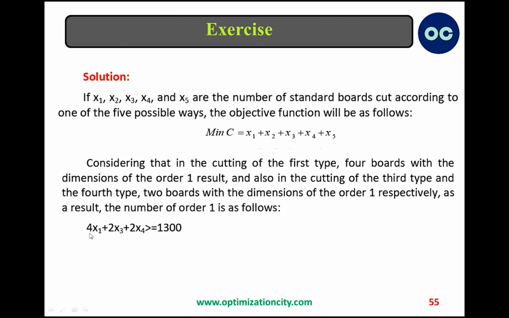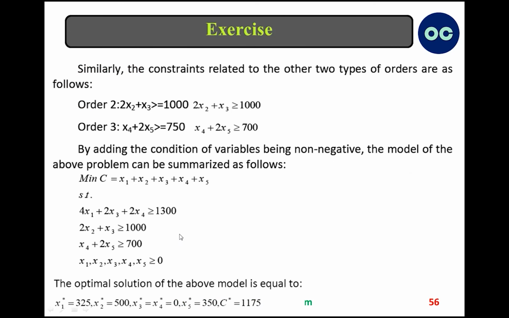So we have 4 cuts, 2 cuts from the third type, and 2 cuts from the fourth type. We have this limitation for order number 1. For order number 2 and order number 3, we have similar limitations.